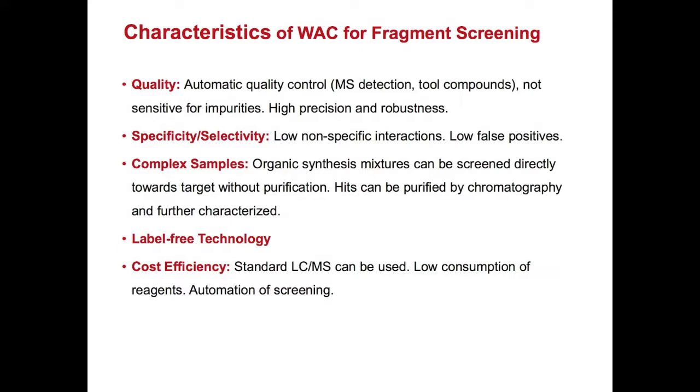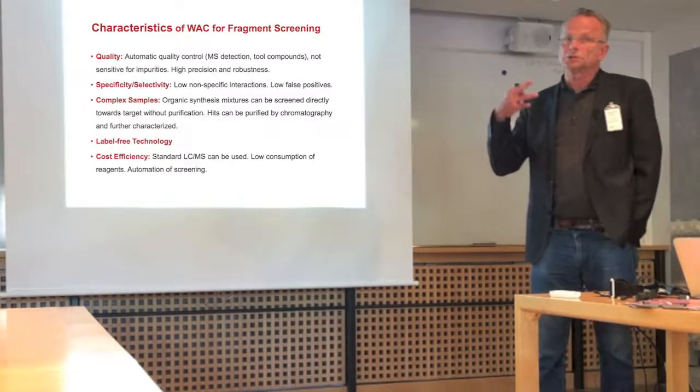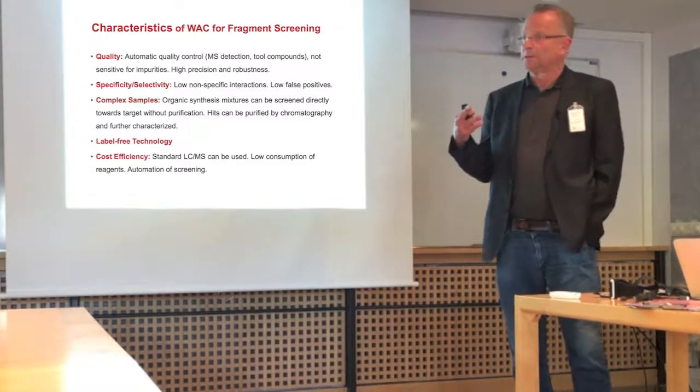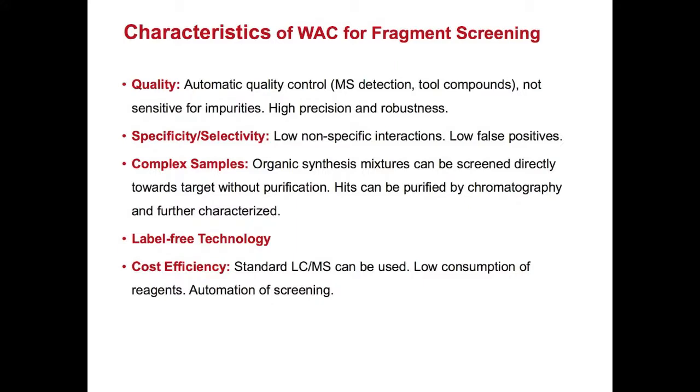Now, specificity is a big issue for all methods. We can have problems with specificity. We can have background interactions which are irrelevant to the target, but also to the surface of the support, which could be a problem in some cases. And then you have to go around that. And so this is a big issue of specificity.